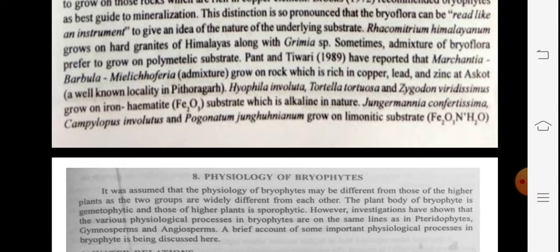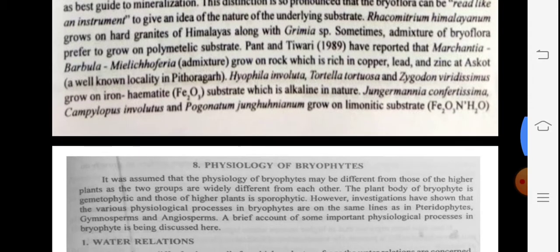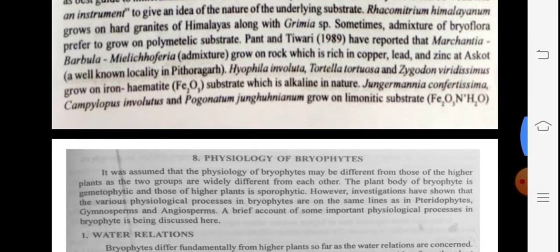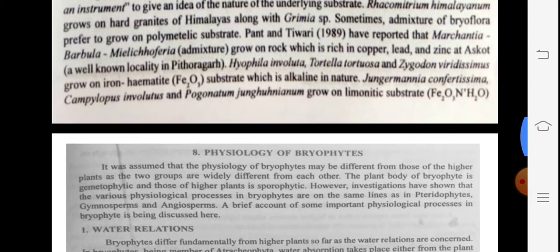Our Indian scientists Pant and Tiwari in 1989 reported Marchantia, Barbula and Mielichhoferia, which are a mixture, growing on rock rich in copper, lead and zinc, commonly at Askot, a well-known locality of Pithoragarh.